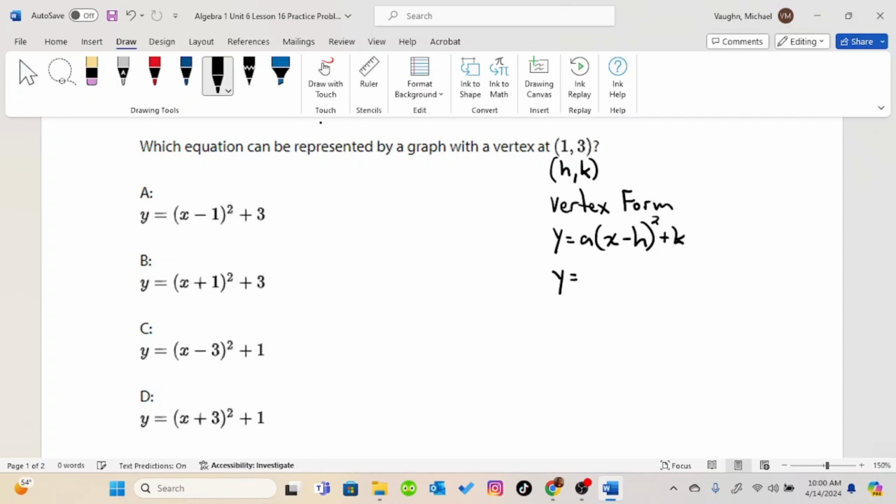So if we substitute these values of 1 and 3, it should look something like (x minus 1) squared plus 3. And the only option that has a minus 1 and a plus 3 is option A.